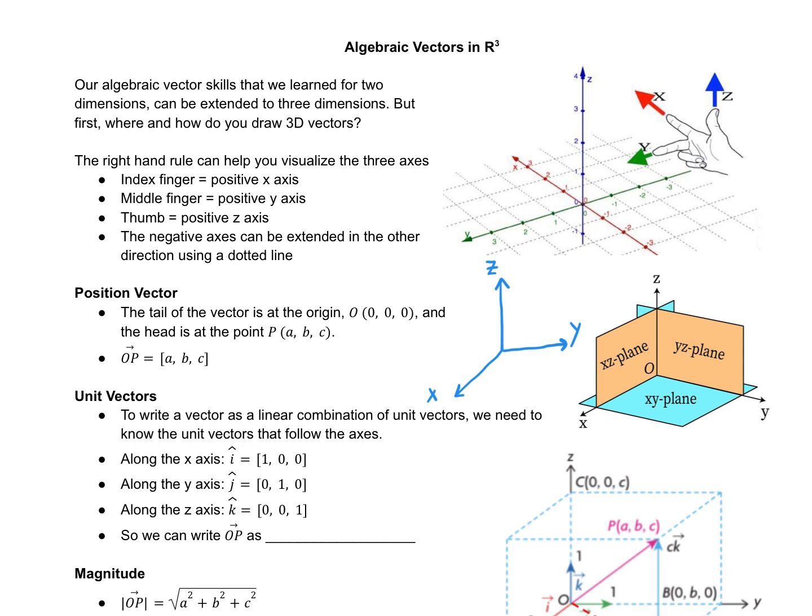Now, the three x, y, and z axes that I drew, these are the positive sides. The negative side of the x-axis is behind the page. For the y-axis, it's to the left. And for the z-axis, it's below. So try to visualize this new grid as just the corner in a room.